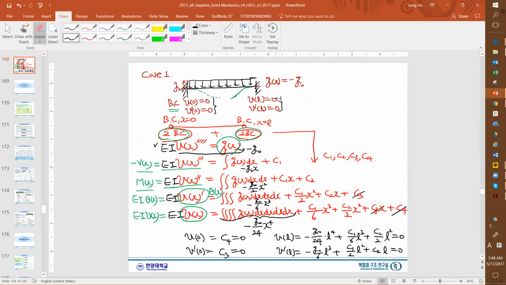Let's consider this case. In this case, I will redraw a beam.